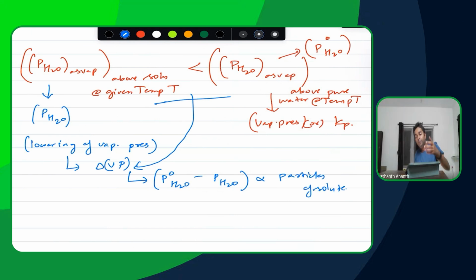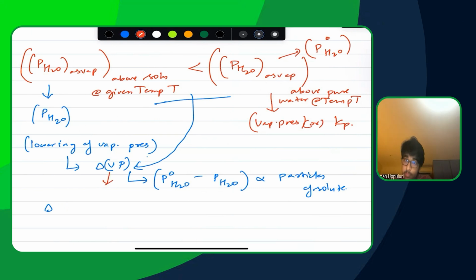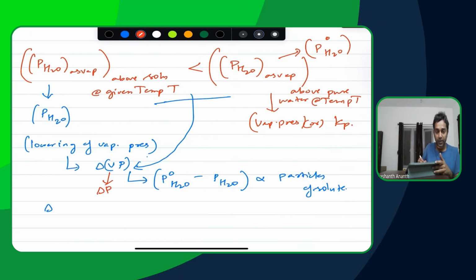So when you write it mathematically, you define a new term called delta P. This delta vapor pressure is usually not written as delta vapor pressure, it is written as delta P. So we now define a new term called relative lowering of vapor pressure. This is a new mathematical function.